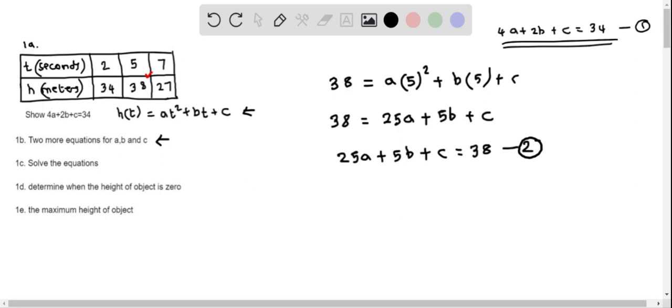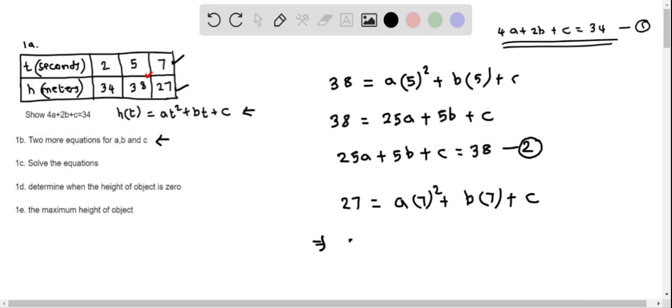Now let's plug in the last value, that is t equal to 7 seconds, the height equal to 27 meters. So I'm going to plug in h of t equal to 27, and t equal to 7. So when I do that, I replace t by 7. So it becomes a times 7 squared plus b times 7 plus c.